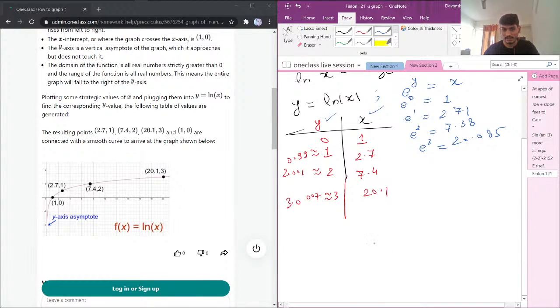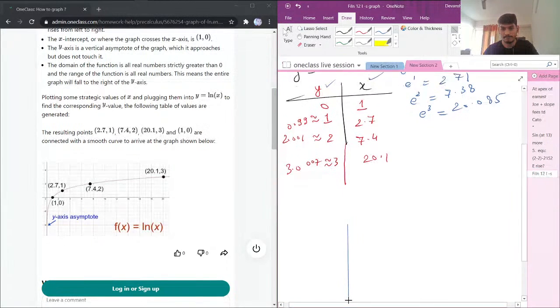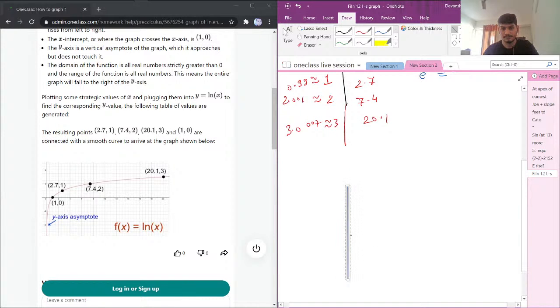We'll draw the axis, and I'll draw it better. Now I will use the red color.